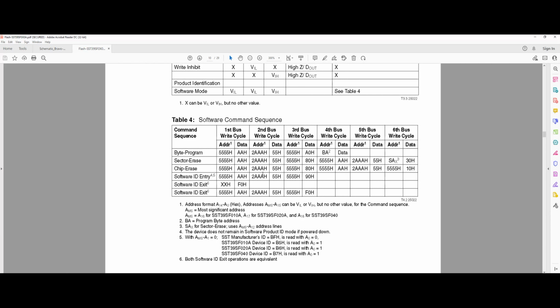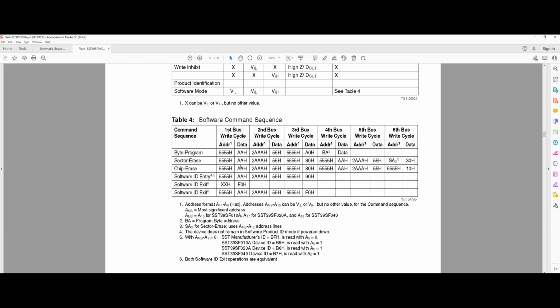Now, first thing, as we just read from documentation, in order to write to the chip, first we need to erase the sector that the byte will be written to. So that means that we have a concept of sectors here that we need to look at and see what these sectors are. And also I would like to mention that for each erase operation or even programming operation or writing operation to the chip, you have to follow specific steps, or what we call here the cycles or write cycles.